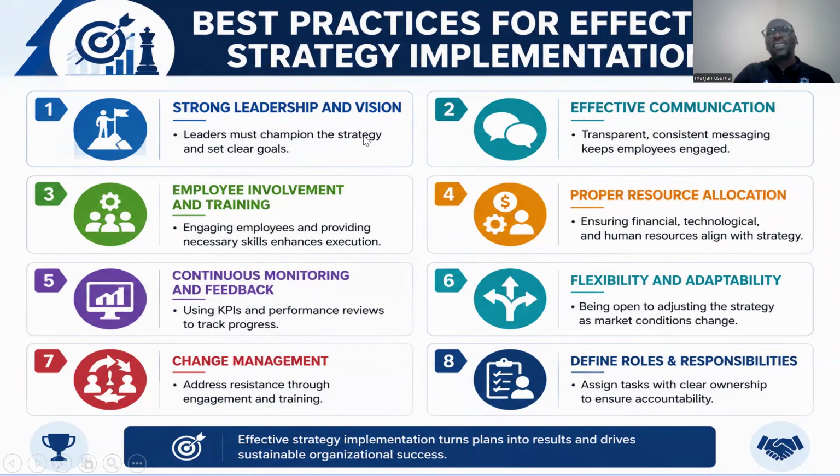As we have just said, leaders must champion the strategy and set clear goals. So we need to have good leaders, competent leaders. These are the leaders who are going to market the strategy, who are going to set clear goals, who are going to encourage the team to do what? To achieve or to implement.